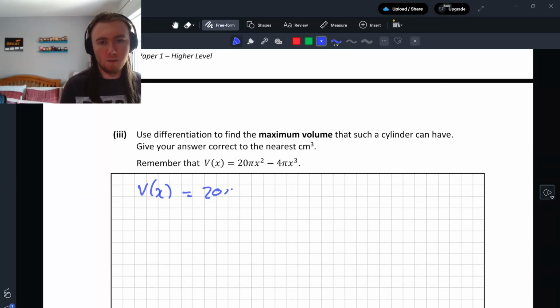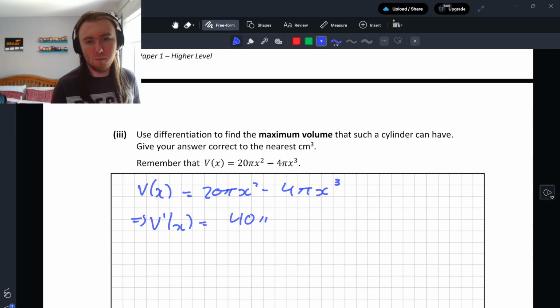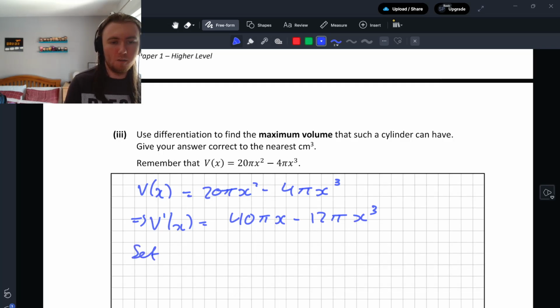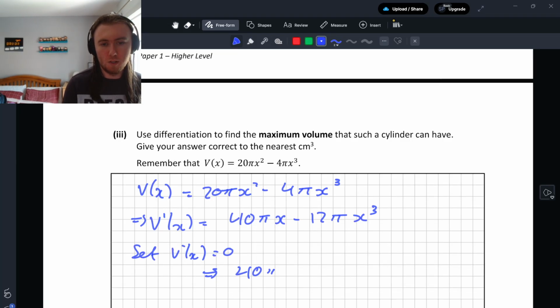V of x is equal to this. Then V prime of x is 40 pi x minus 12 pi x squared. And then if we're finding a maximum value, we're just going to set V prime of x equal to 0. So 40 pi x equals 12 pi x squared.